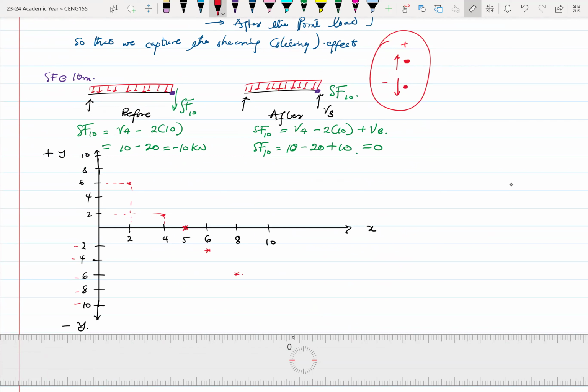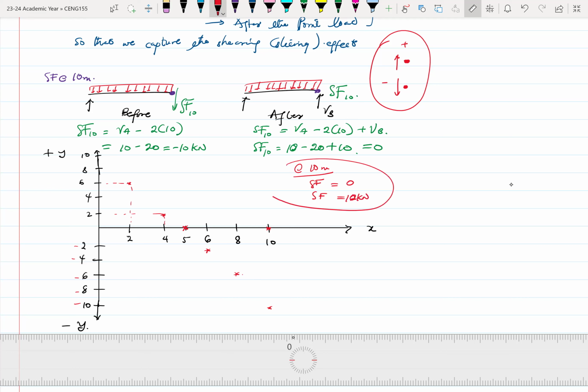At 10 meters, we had two values: minus 10 and then 0. In the same way, at 0 meters, our shear force will have two values. One is 0 and one is 10 kilonewtons.